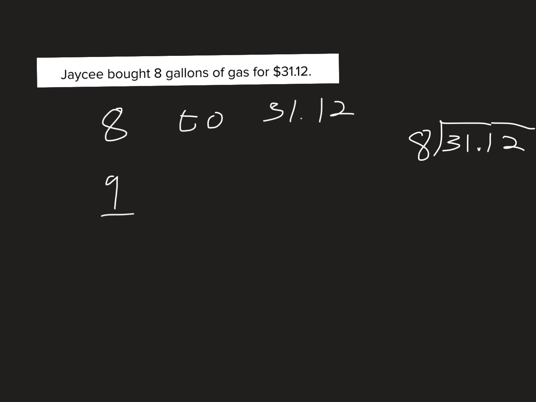All right. 8 goes into 31 3 times. 3 times 8 is 24. Subtract that. I have 7 left over. Bring down my 1. 8 goes into 71. 8 times 8 is 64.